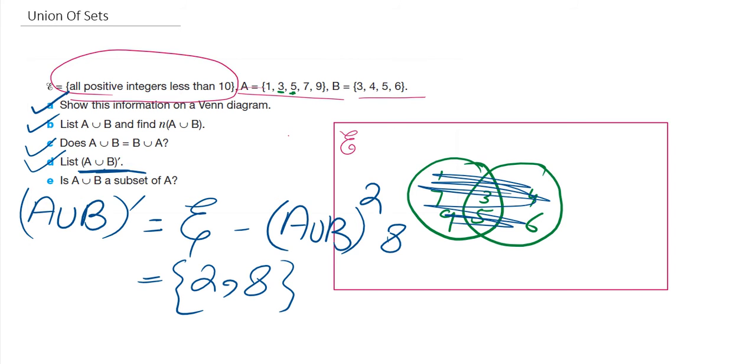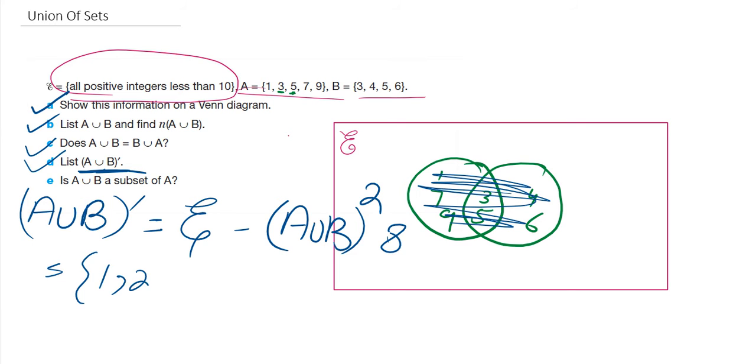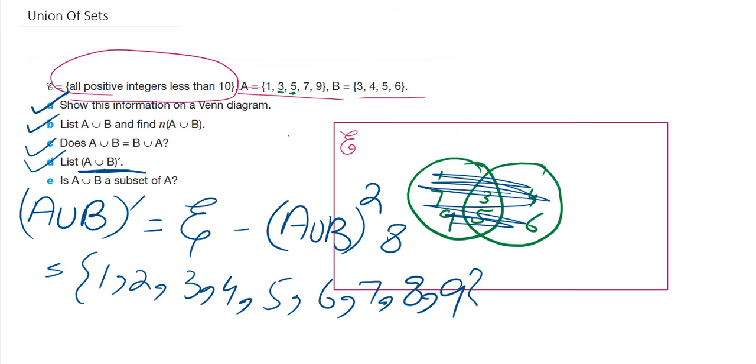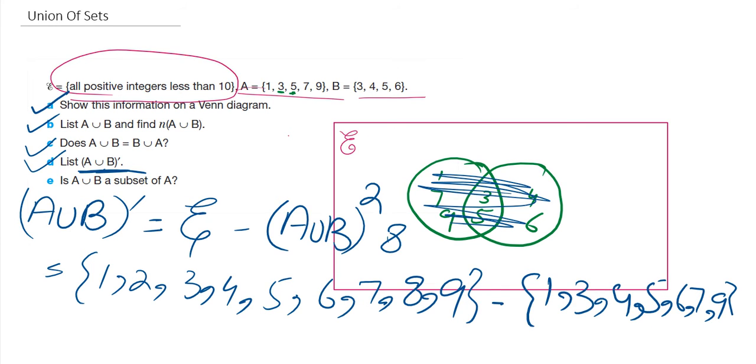So we have to write this like 1, 2, 3, 4, 5, 6, 7, 8, and 9 with the union part. So you know that we are done with that. We have 3, 4, 5. We have to take the difference. So only the left elements are 2 and 8.